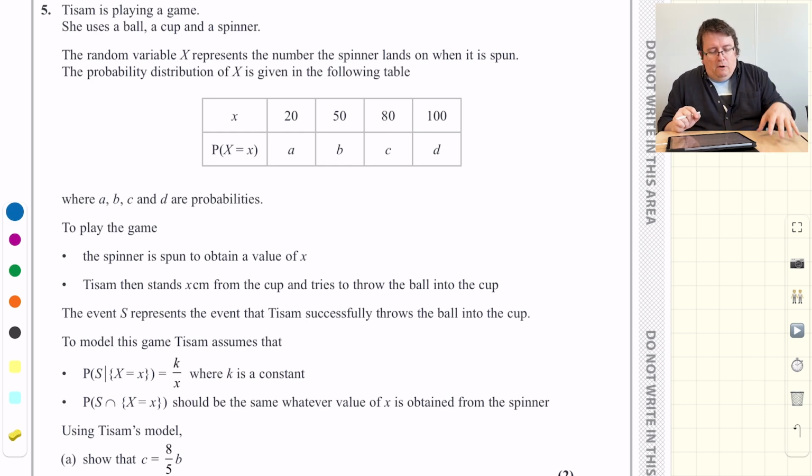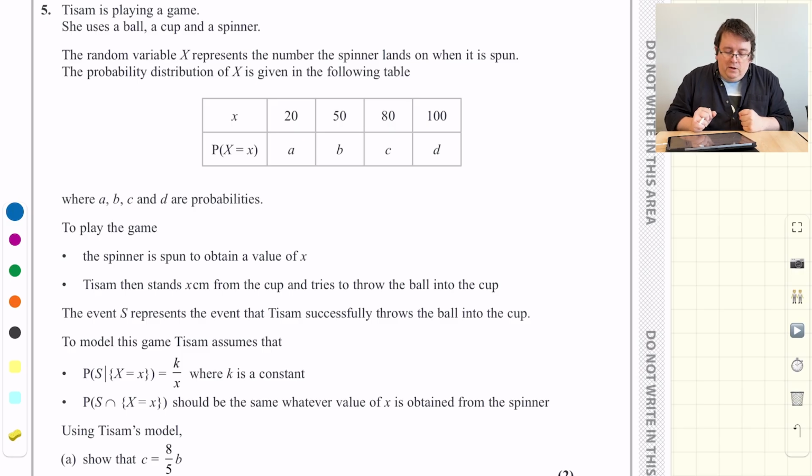So the probability of successfully getting the ball into the cup, and the intersection of that with x is 20, or x is 50, or x is 80, or x is 100, these are all the same.